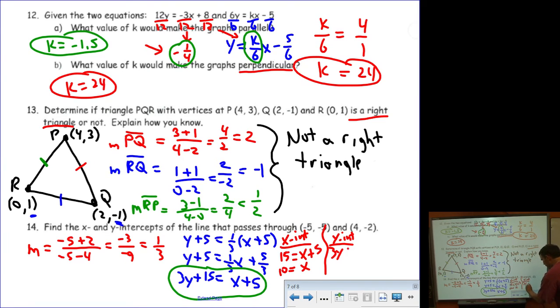That'd be 3y plus 15 equals 5. And maybe I subtract 15 from both sides and get 3y equals negative 10. And then I divide by 3 and I get negative 10/3. So my x-intercept is 10 and my y-intercept is negative 10/3.